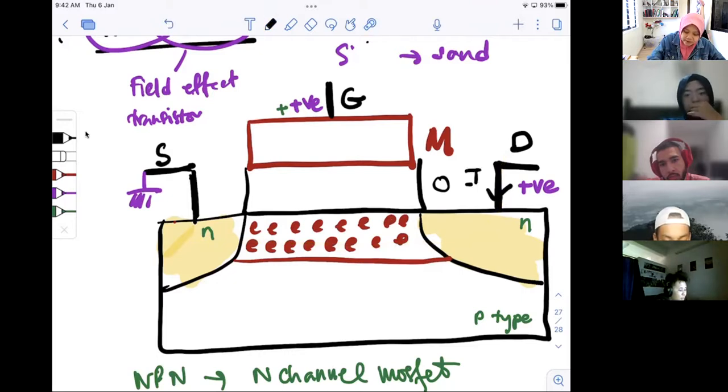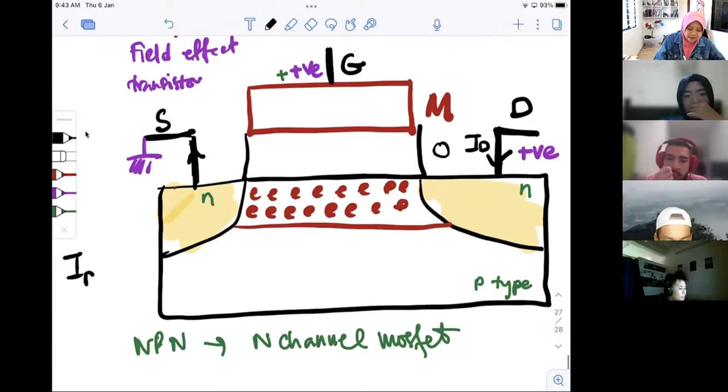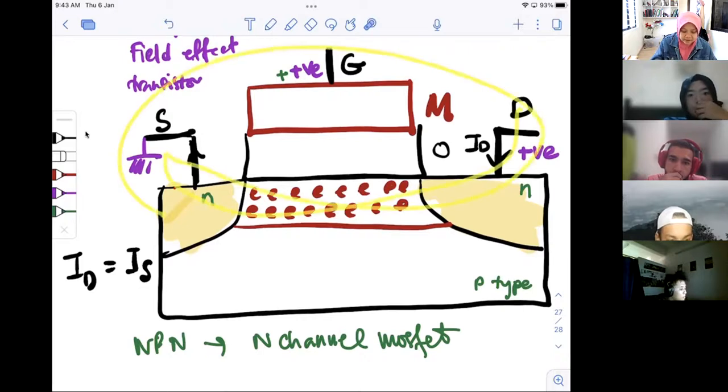So this is ID, drain current. And you know, right? ID equals IS. When you're first here, you just memorize ID equals IS. Now you know why ID equals IS, because it's just the same current flowing.